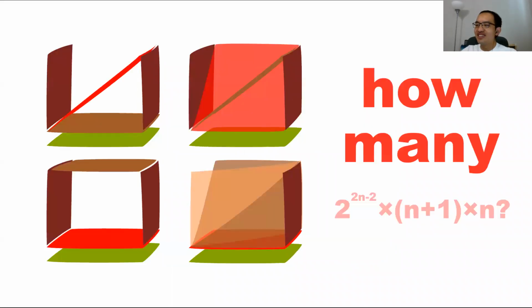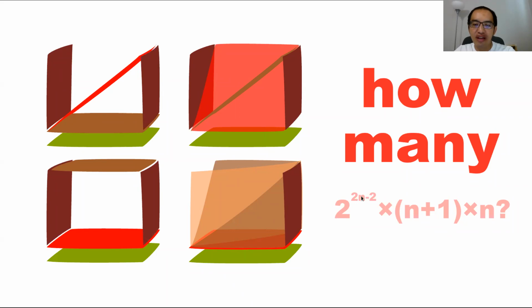But I want to throw just some random question at you. How many are there in the 3D cases? Is this formula correct? Let me explain this formula a little bit to make it a little plausible.